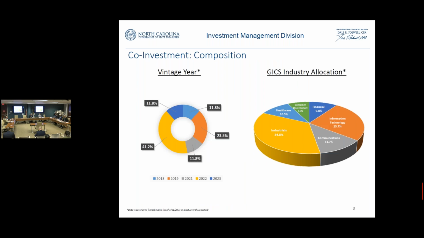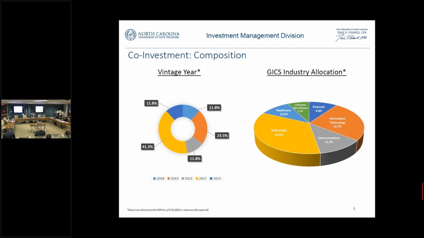The next slide. The next two slides give some of the attributes or the composition of the program. To Craig's point earlier, there's an interesting trend we've seen. If you look at the chart on the left, one thing to note: the yellow is actually the 2019 vintage year, and the orange is the 2022 vintage year.